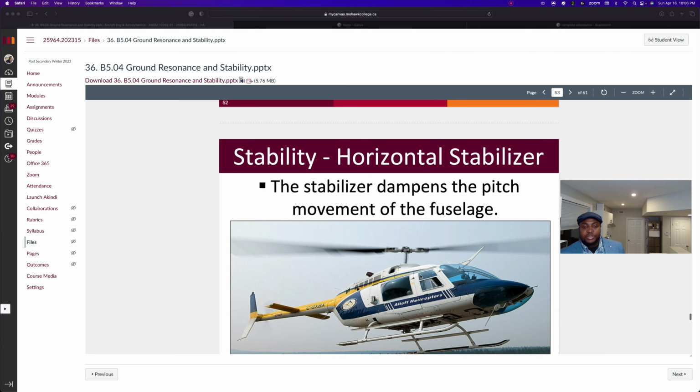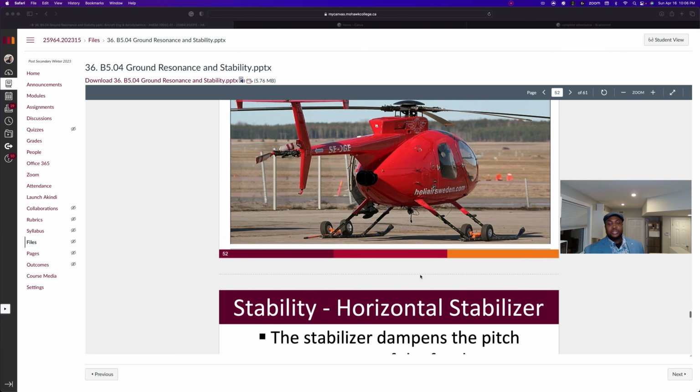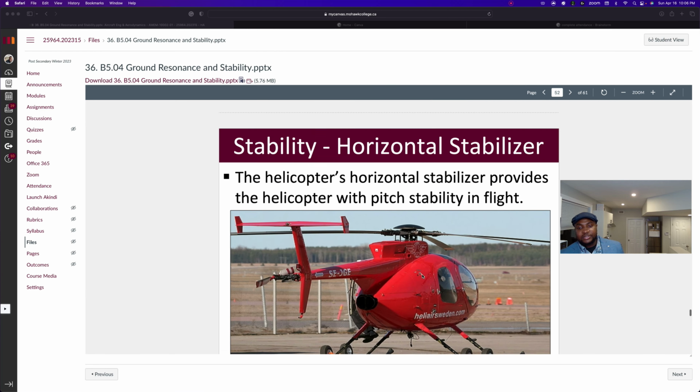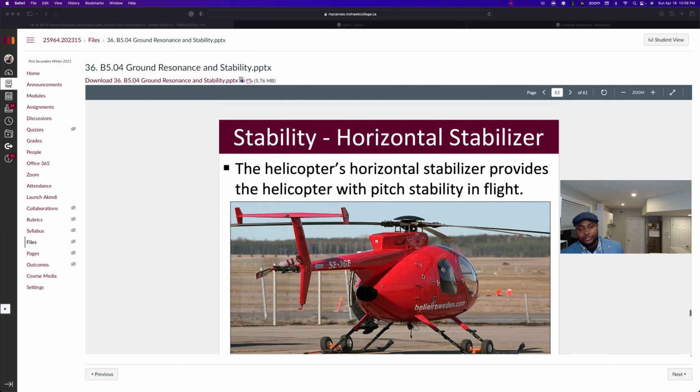Some helicopters will feature a horizontal stabilizer, and there are some characteristics that we need to focus on when it comes to the horizontal stabilizer of a helicopter.